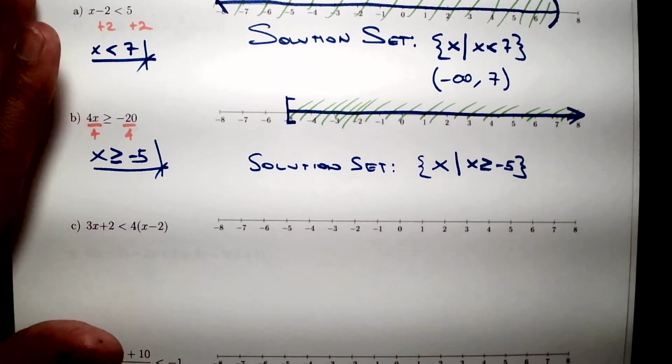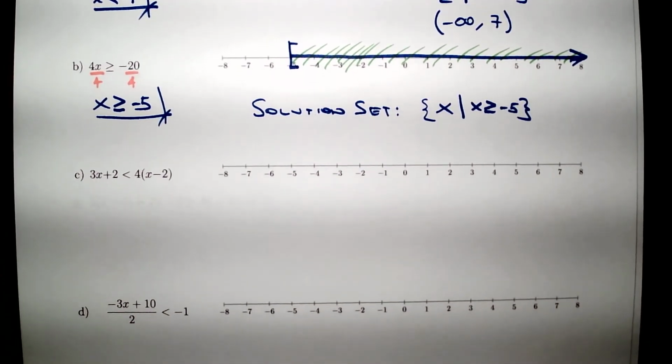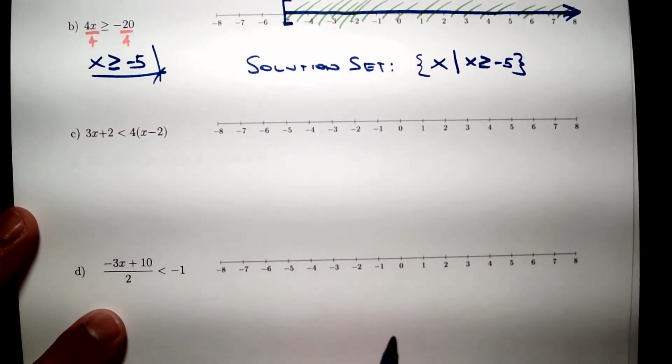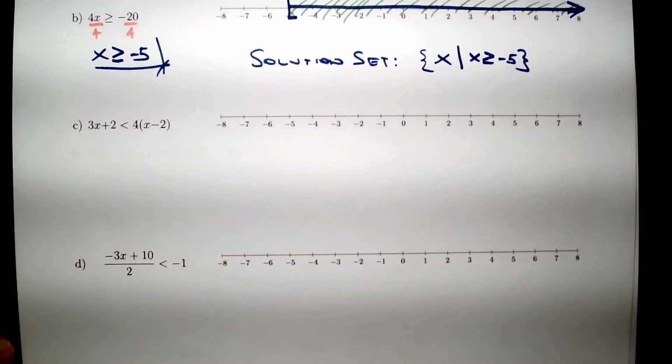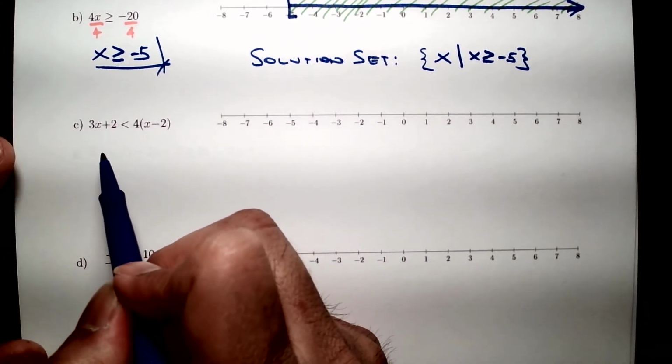That's what I meant. Alright, let's look at something a little bit more interesting. Well, this looks more like the equations that we solved. So for a minute, you might want to forget that you are doing inequalities and treat this like an equation. However, carry the inequality sign along all the time.